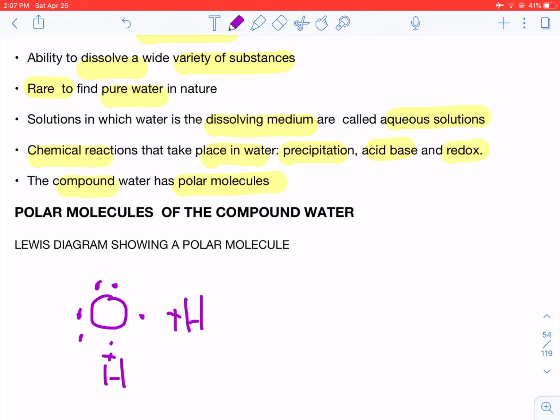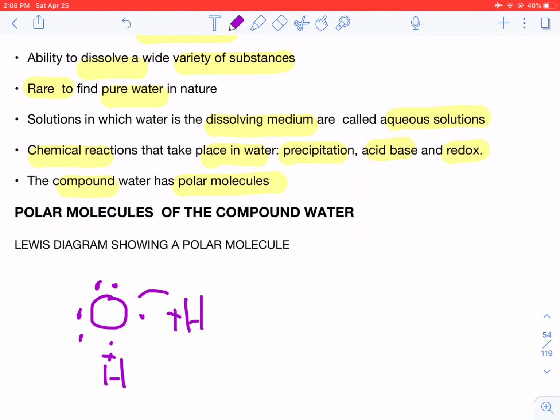So what happens if we apply the octet rule? We see that oxygen then has 8 electrons around the oxygen atom, but that's essentially just a rule which helps us to complete the Lewis diagram, and it gives us an indication of how many bonds there are between the respective atoms.